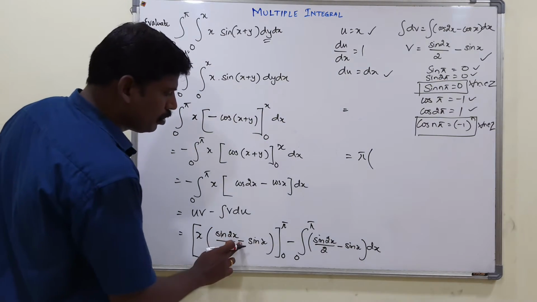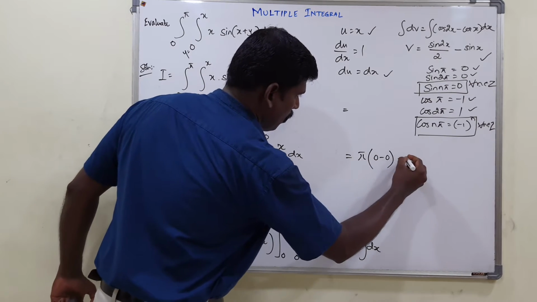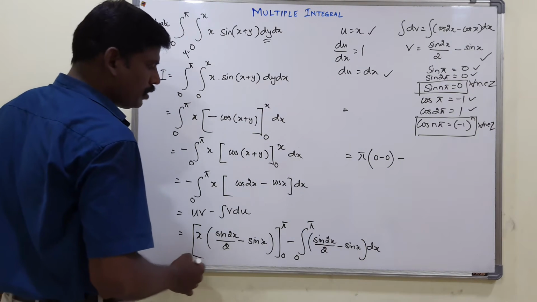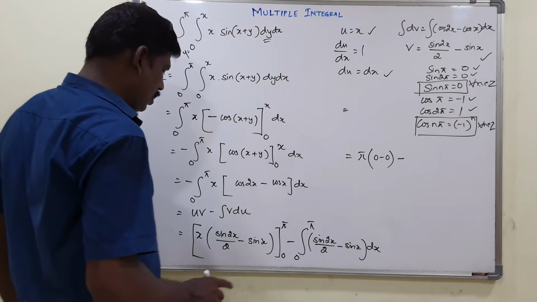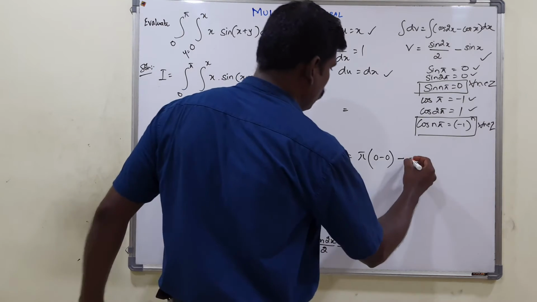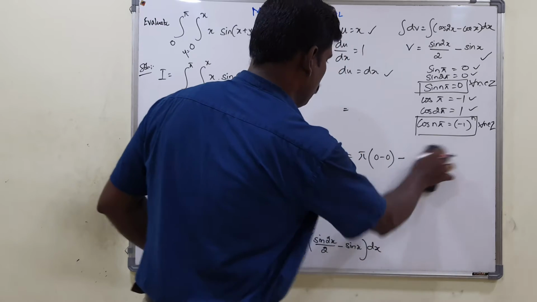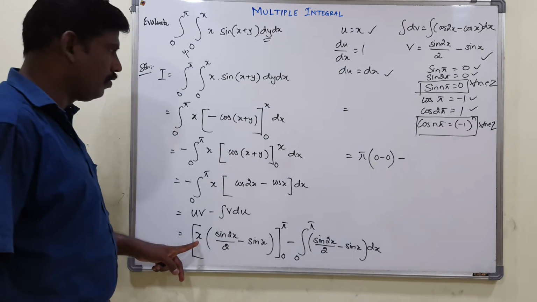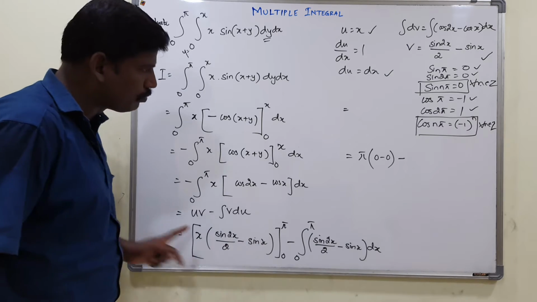So this term becomes 0, minus sin pi is 0. So 0 minus 0, minus the lower limit. The lower limit also gives 0, applying sin 0 is 0. Here also we need to apply the value for x, so put x equal to 0 and the entire term becomes 0.